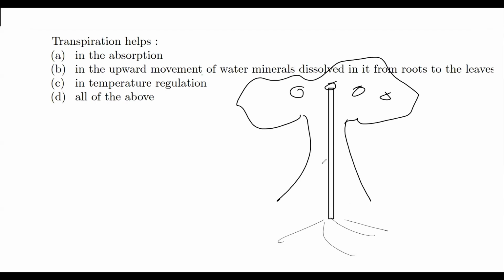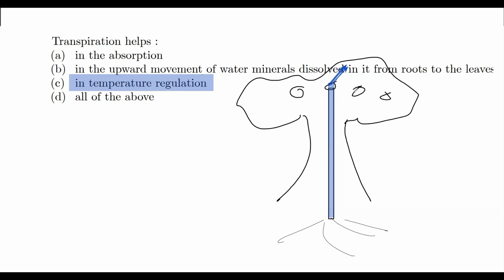What happens is that water gets evaporated from the stomatal pores, and as it evaporates, a suction pull is created. That suction pull pulls the water from the soil to the aerial part of the plant.